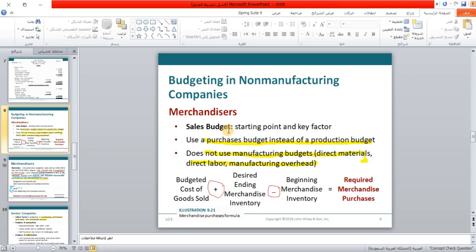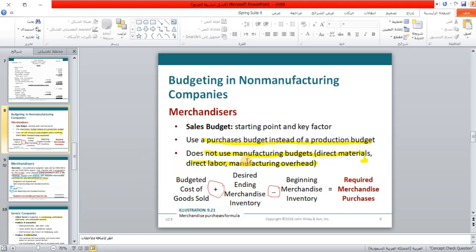Number 1, the sales budget, the starting point and key factor. Second, use a purchases budget instead of a production budget. In a merchandise company, we use a purchases budget instead of a production budget.